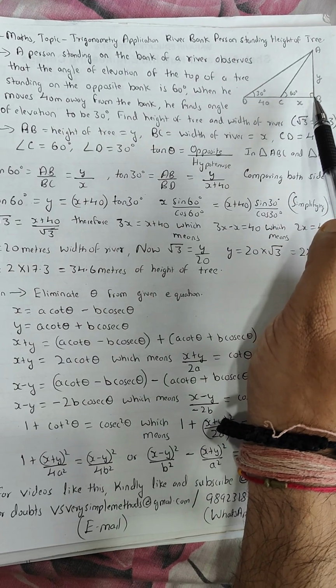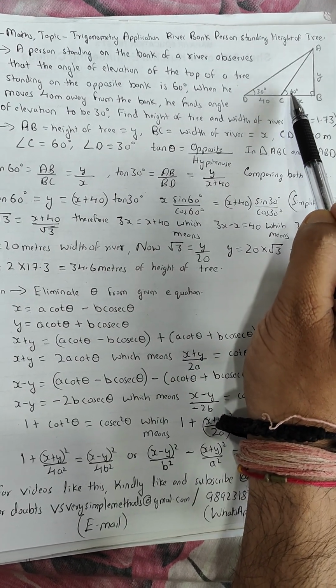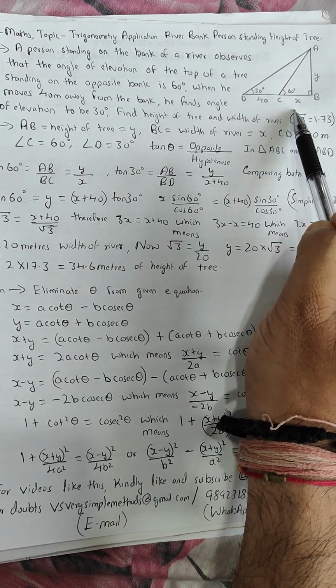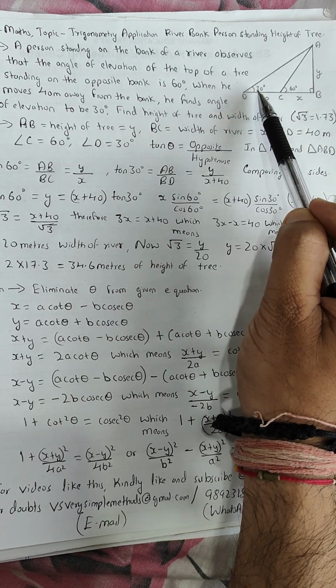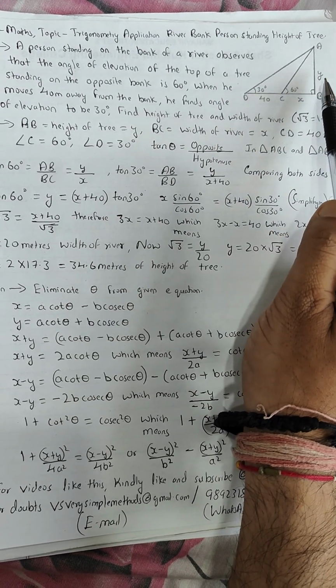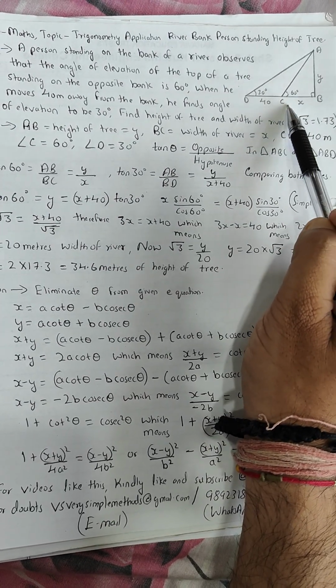Now, in triangle ABC, tan 60 will be opposite upon adjacent, that is y upon x. Similarly, in the bigger triangle ABD, tan 30 will be opposite upon adjacent, that is y upon x plus 40.